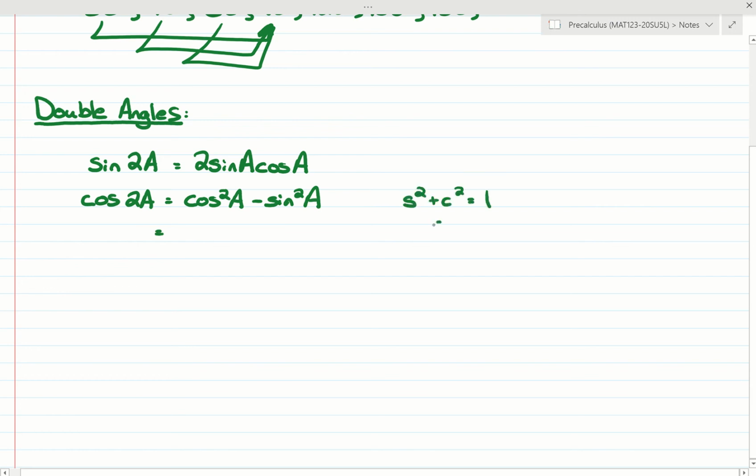And instead of cosine squared, we could replace it with 1 minus sine squared. And if we do that, it would be 1 minus 2 sine squared of A.